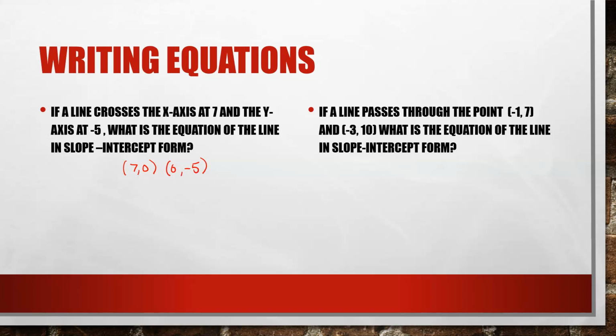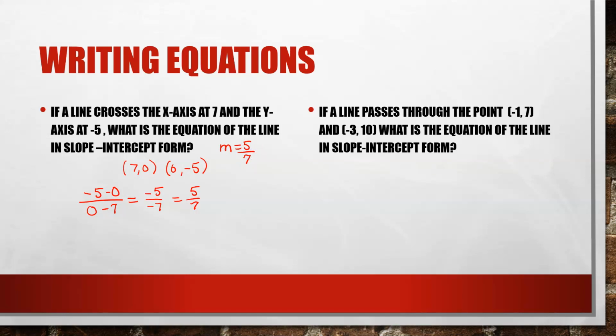Let's find our slope first. I have -5 minus 0 over 0 minus 7, which gives me -5 over -7, which is 5/7. So m is 5/7.